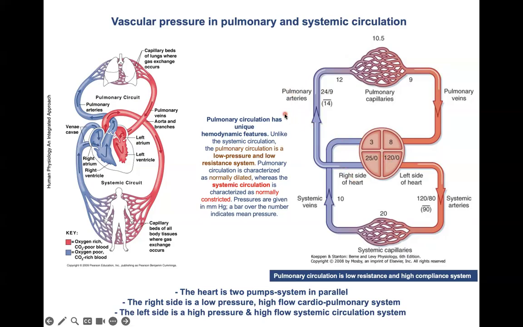If, for some reason, on the right side or the left side, the pressures go up significantly, on the right side this results in right-sided cardiomyopathies, and on the left side, left-sided cardiomyopathies.